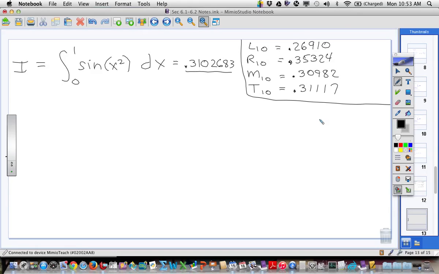But now what we want to do, and the homework questions will be worded kind of like this: What do the error-bound theorems predict for these approximations? Or find the error bound.